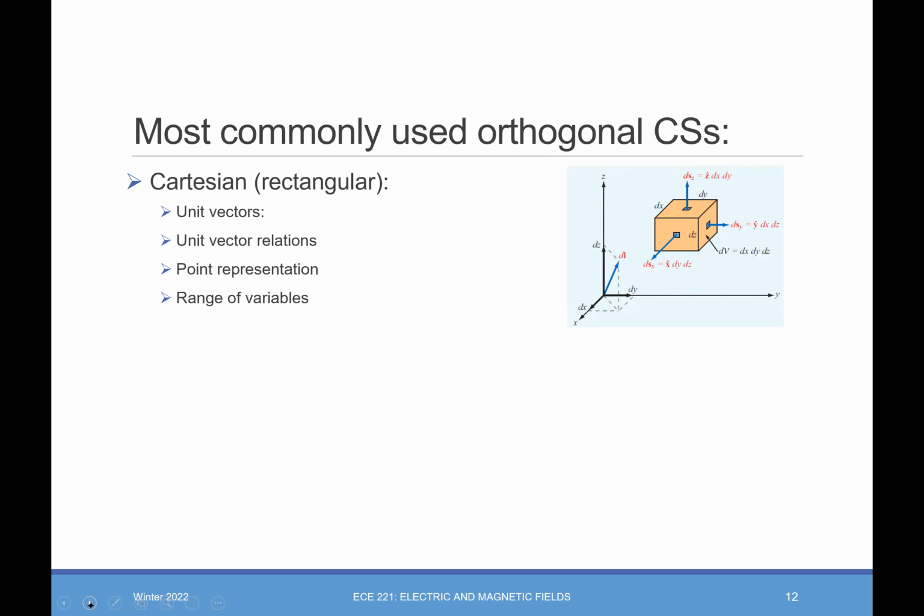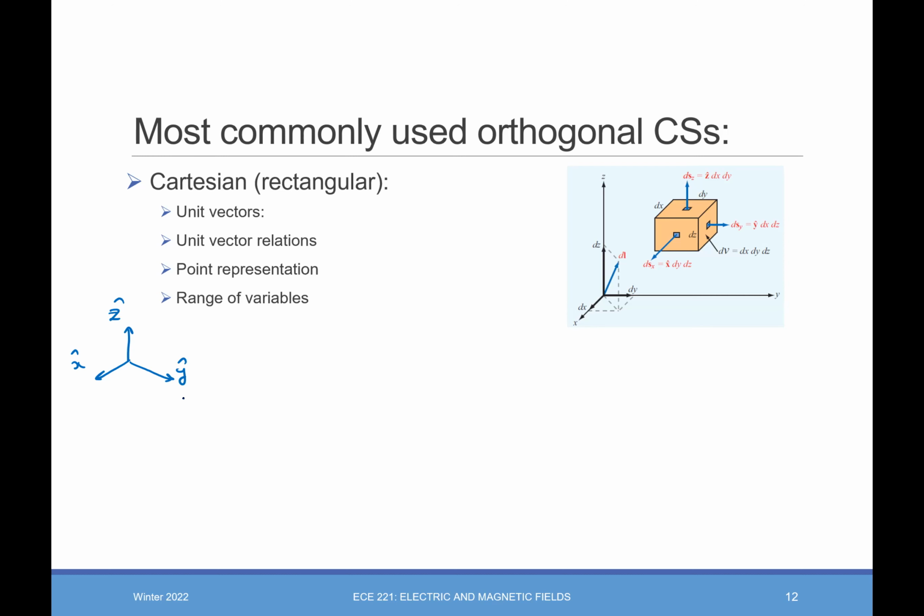So in a rectangular coordinate system, which I assume you're mostly comfortable with, we have three unit vectors, x hat, y hat, and z hat.